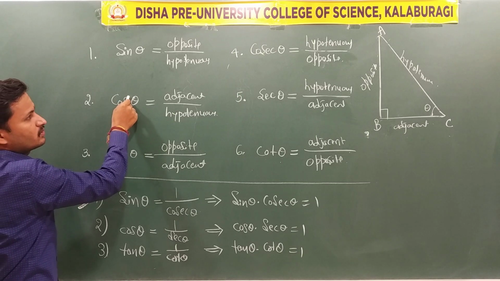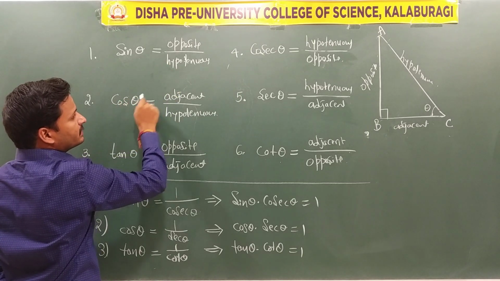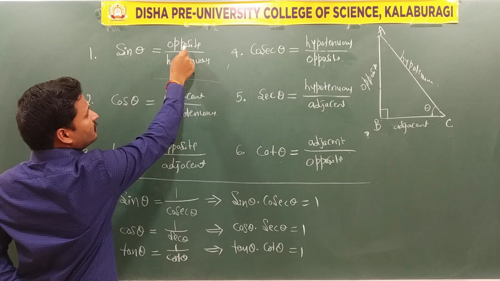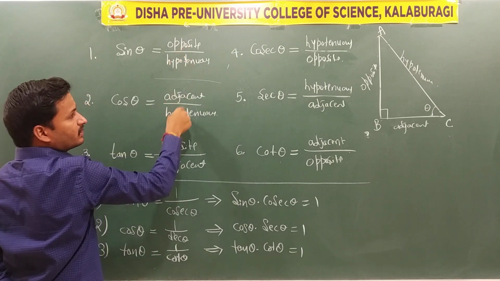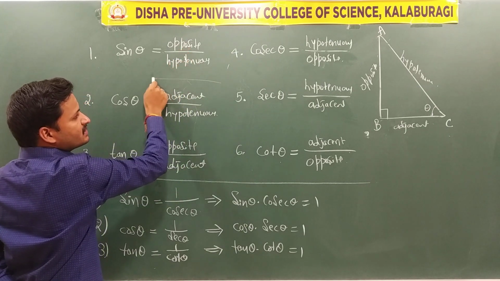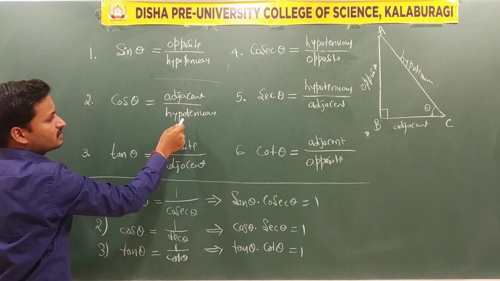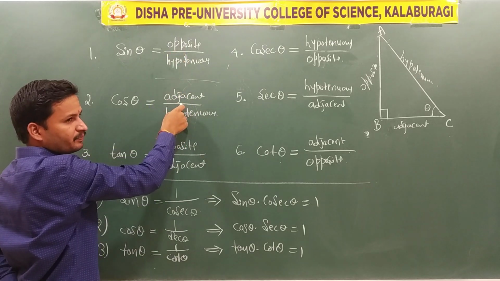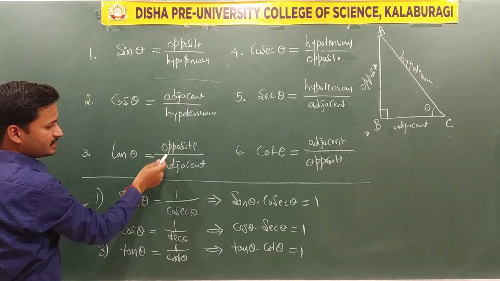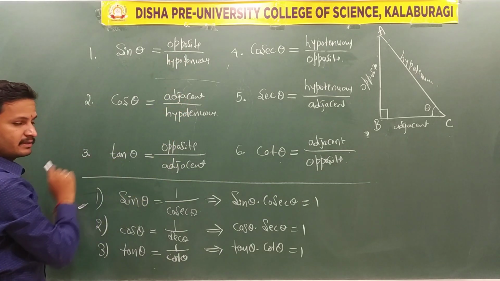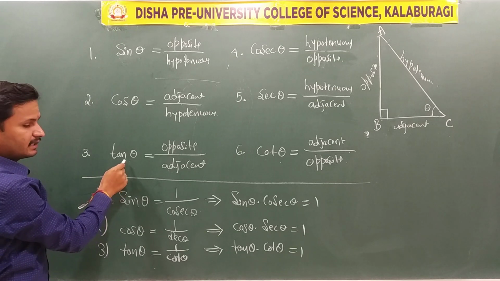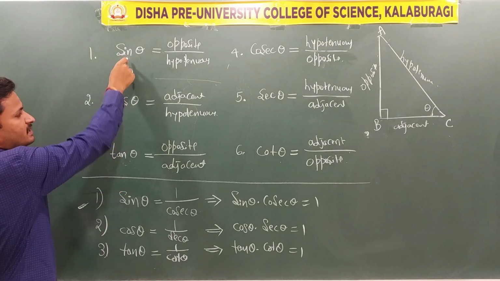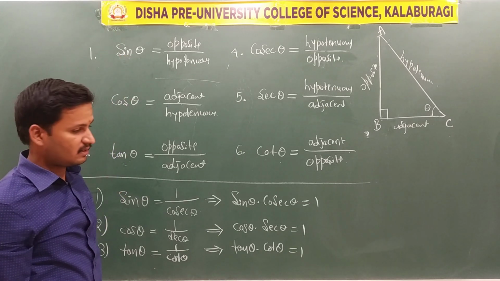Sin theta divided by cos theta is nothing but the ratio of these sides, that means opposite by hypotenuse whole divided by adjacent by hypotenuse. So hypotenuse cancelled, then opposite by adjacent, which is tan theta. So tan theta can be written as the ratio of sin theta to cos theta.